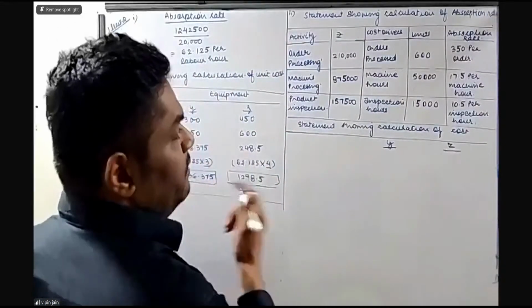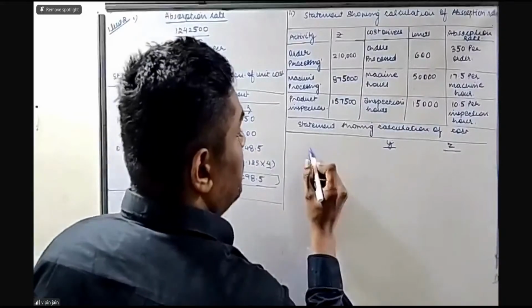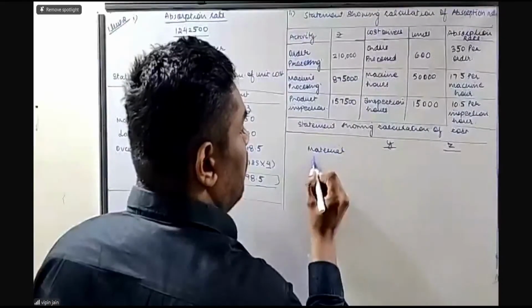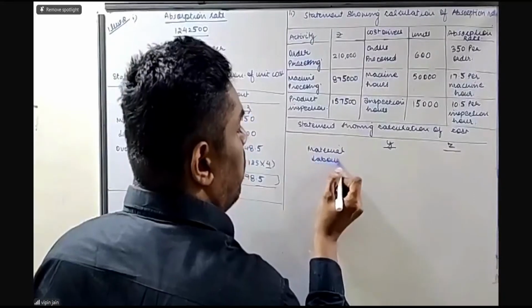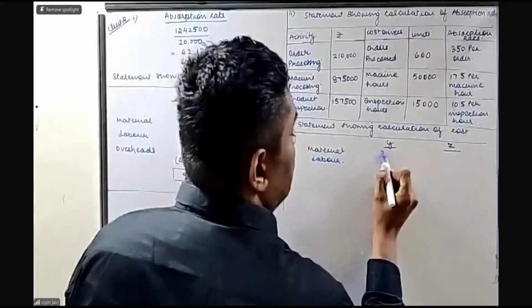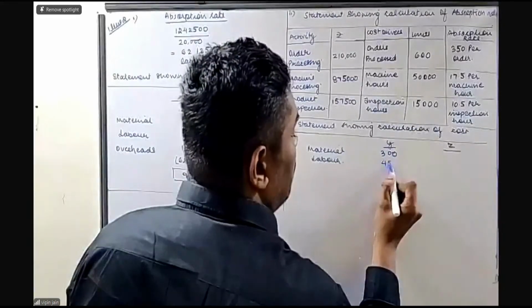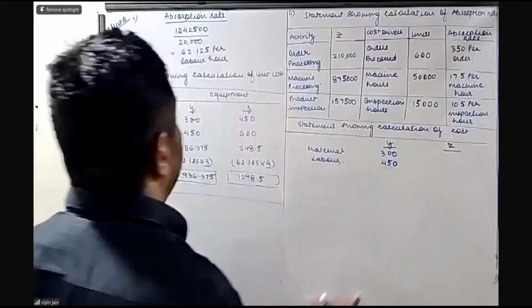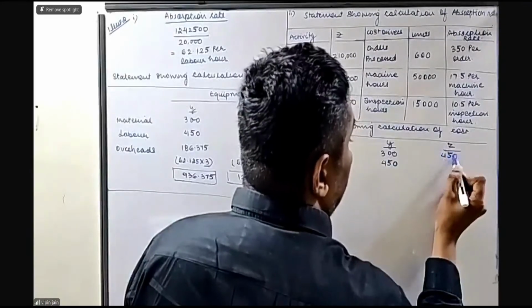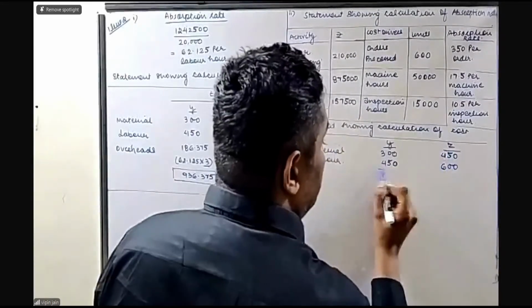So let's start with material and labor. $300 and $450, $450 and $600.